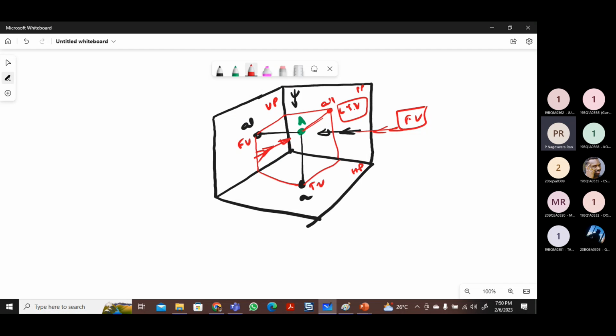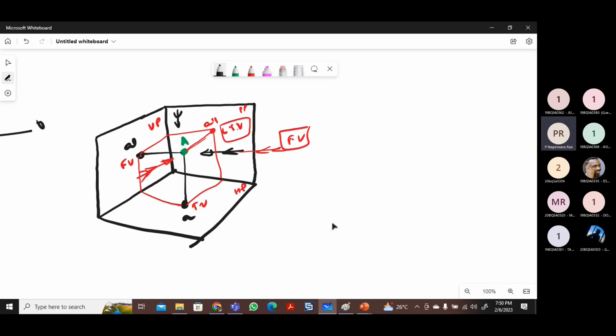Till now we discussed only first angle projection. After rotation, above the XY line is the front view image, and below the XY line is the top image. All these planes are mutually perpendicular to each other: the vertical plane, the horizontal plane, and this profile plane. This is the XY line, and this line is X1 Y1.